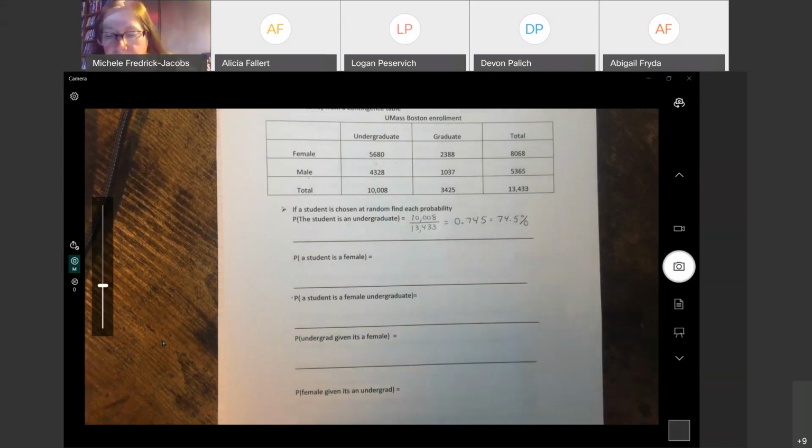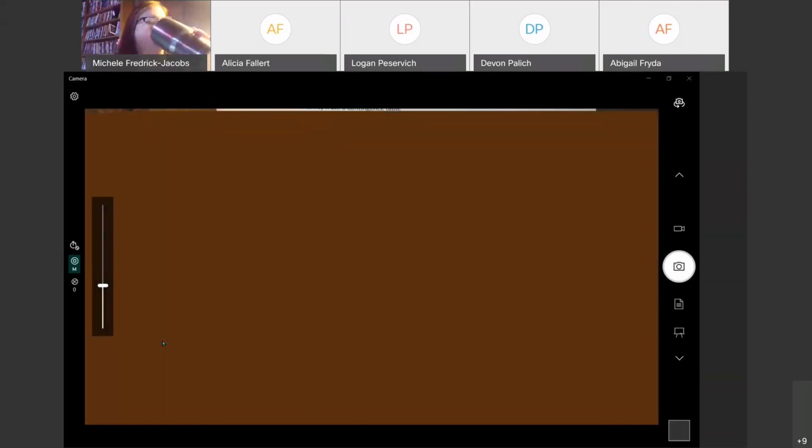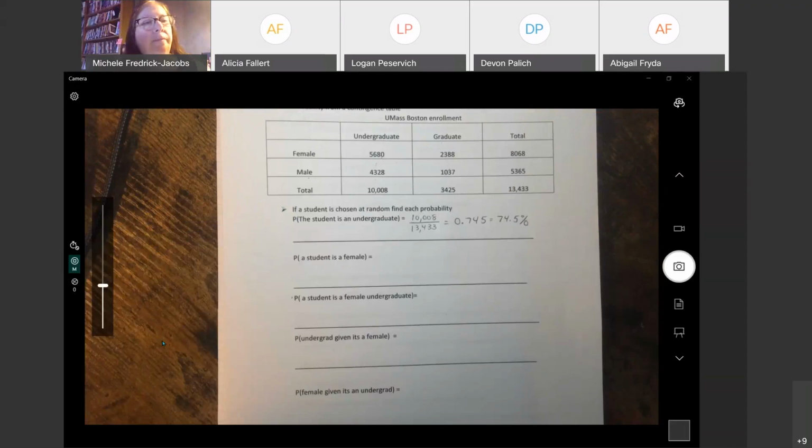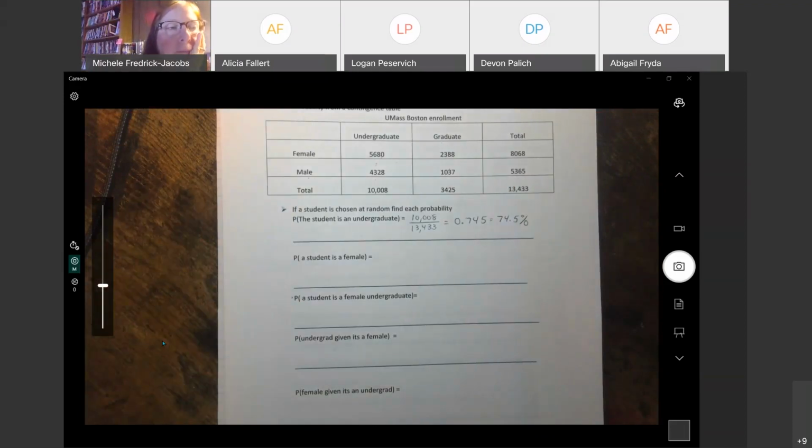And we're going to write it as a percent. When you get the answer, either type it in the chat or say it. But say the percent, one decimal place.